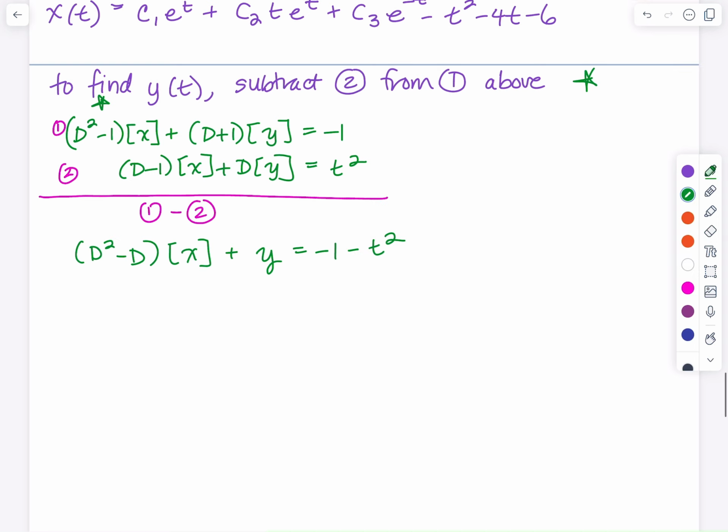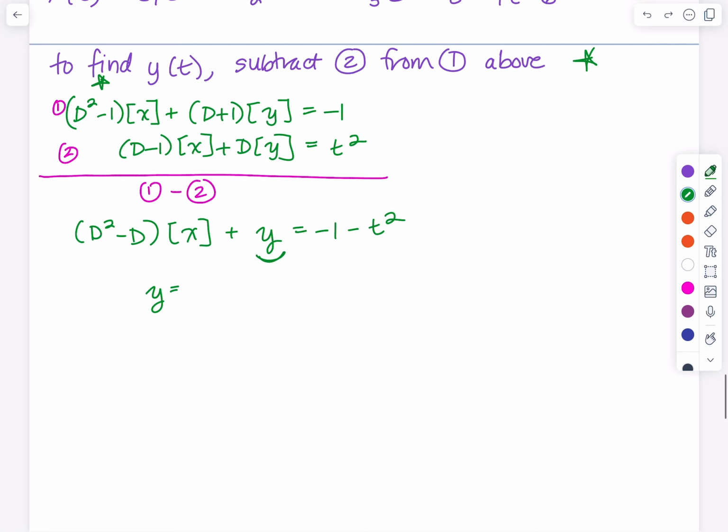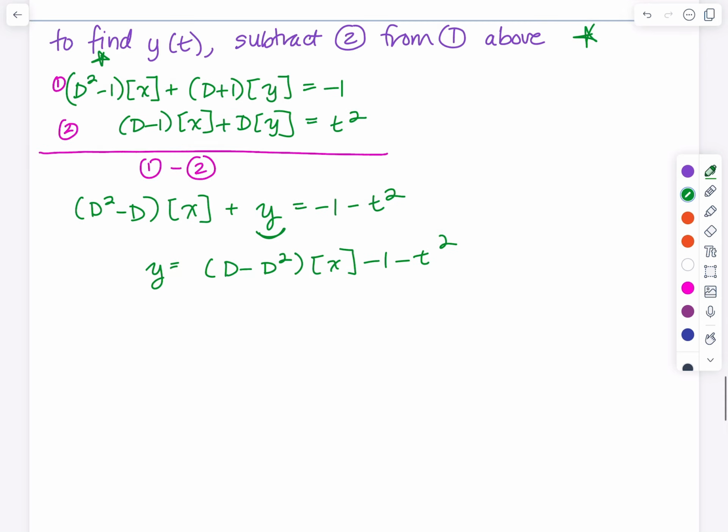Now we can go ahead and solve for y, and we can say that y is equal to, and when we subtract this term, that is d minus d squared of x minus 1 minus t squared.